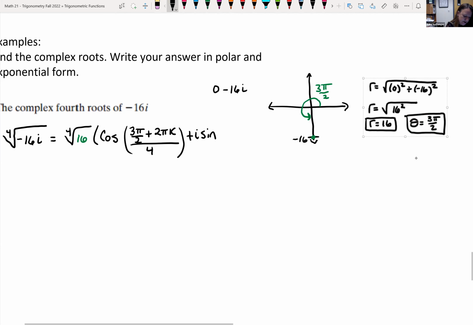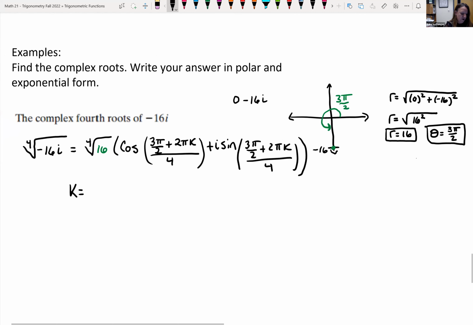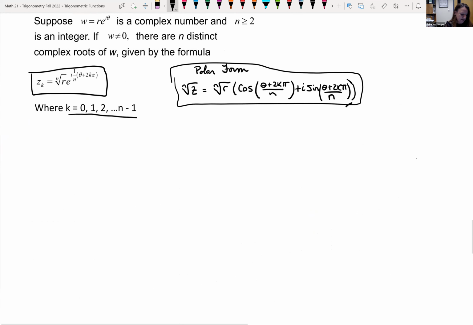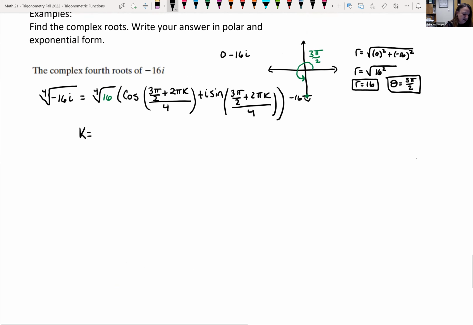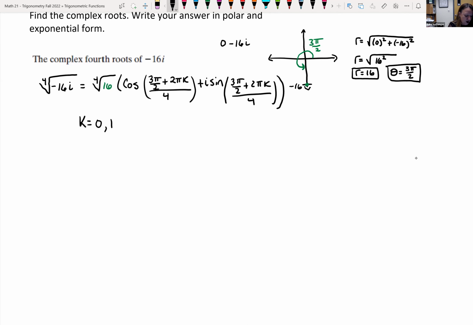And so, just like we had before, 3 pi halves plus 2 pi k all over n, which was 4. So I need to look at k. K is equal to, start at 0. I do start at 0. So 0, 1, 2, and to n minus 1. So 4 minus 1 is 3. So to 3. So I'm going to have 4 different roots here.